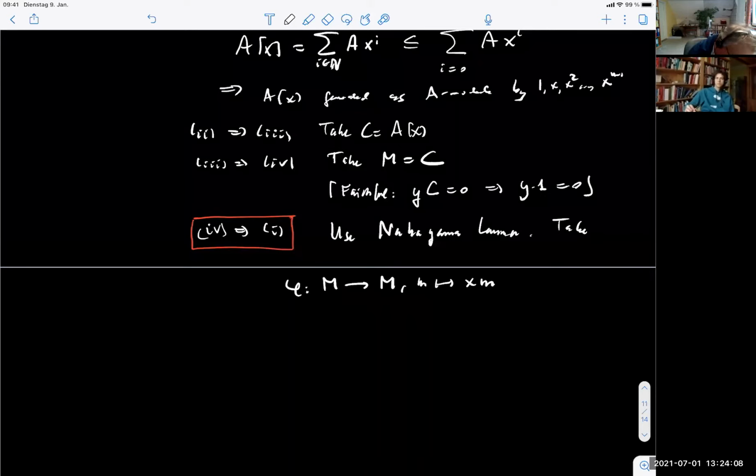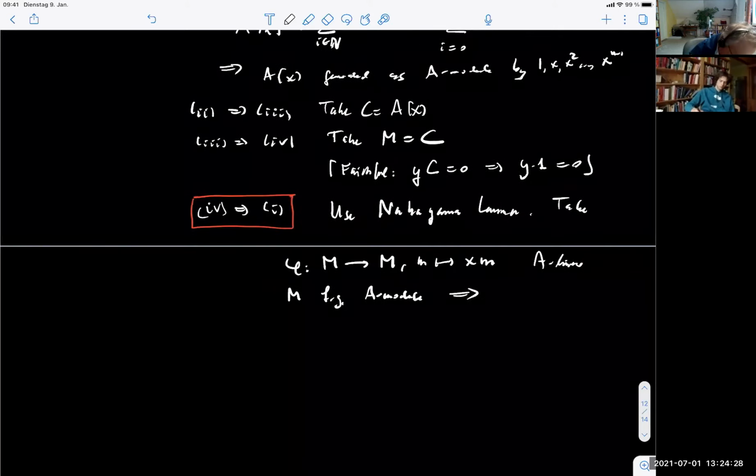This is A linear. And I know by assumption M is finitely generated. Okay, so maybe I write it also. M is a finitely generated A module. That's the important assumption. So then the Nakayama lemma gives me a representation.